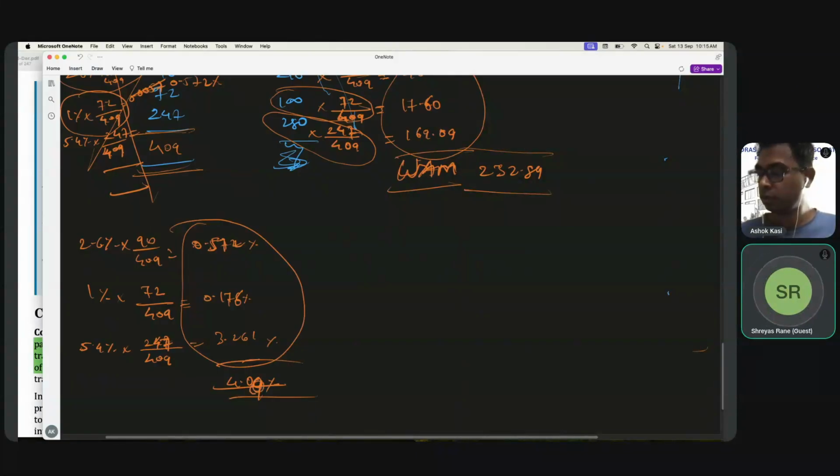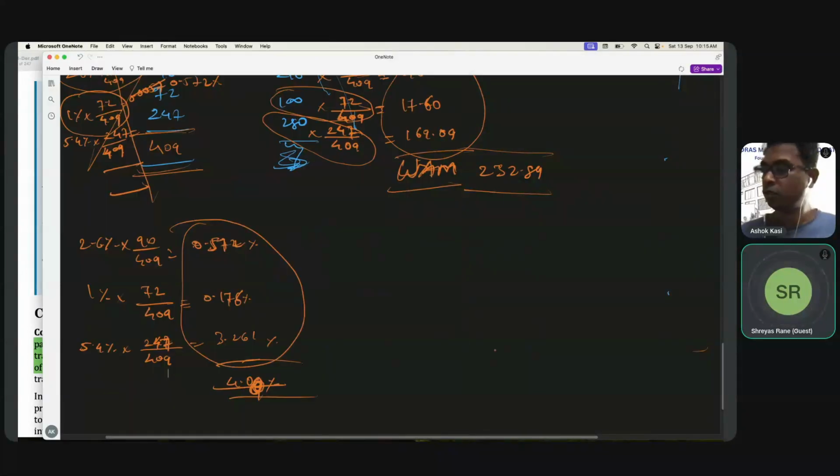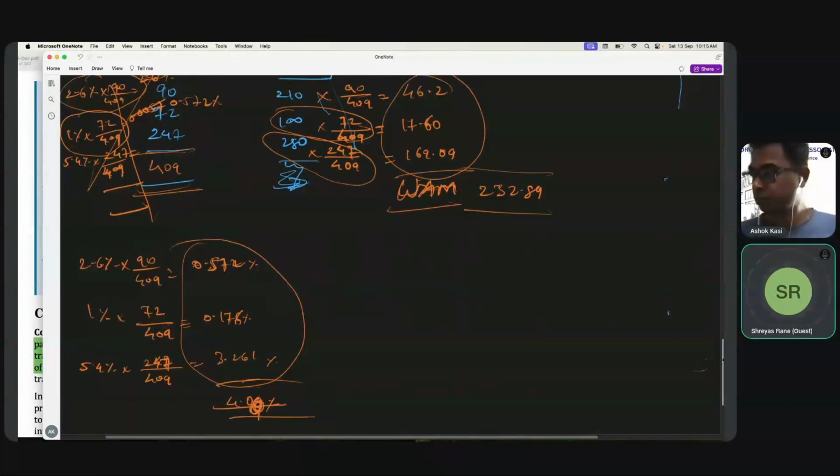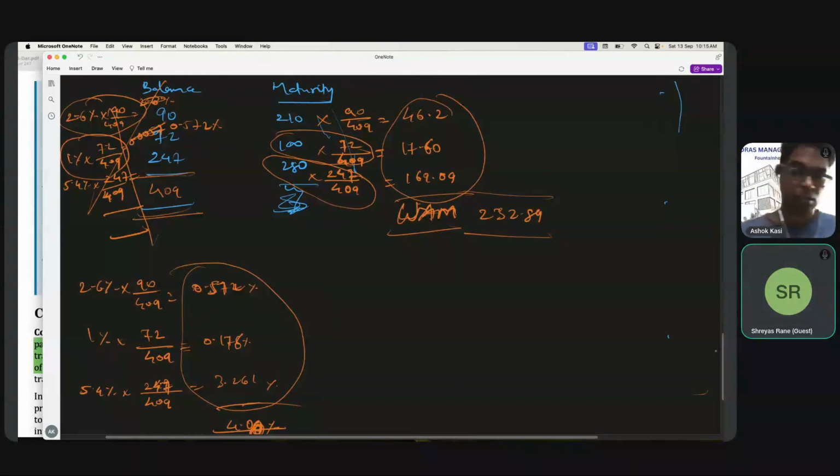Okay, fine. Just note it down now: weighted average maturity, weighted average coupon.